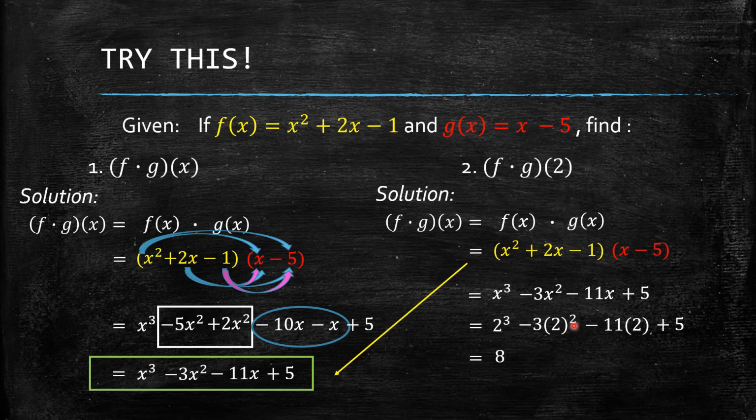Here, 2 squared is 4 times the negative 3, that is negative 12. Here, negative 11 times 2, that's negative 22. And then just bring down the 5. And then solve all. 8 minus 12 minus 22 plus 5. So the answer is negative 21. And that will be our final answer.